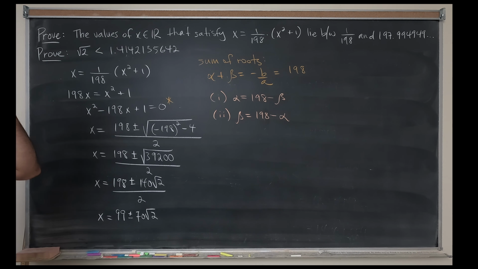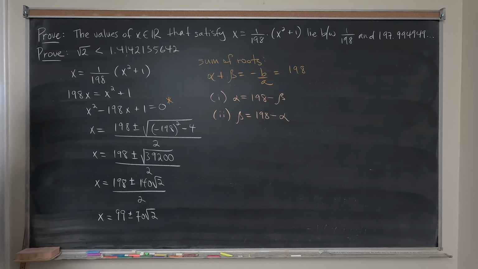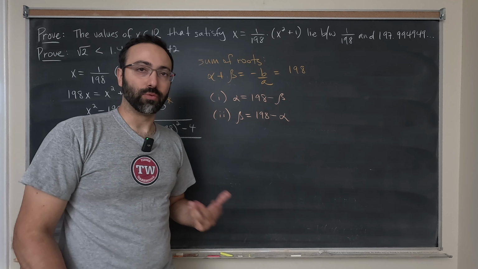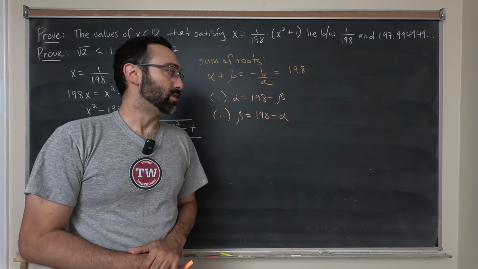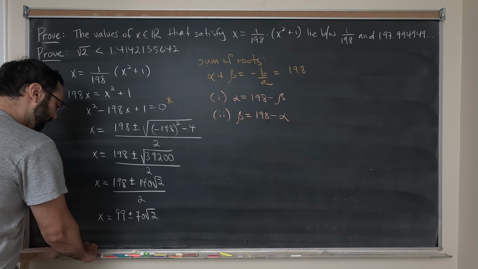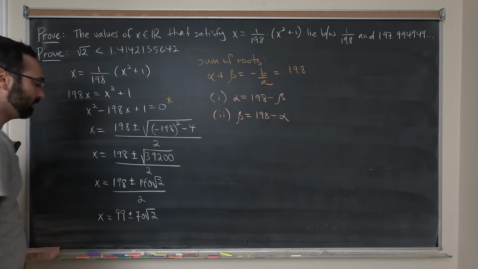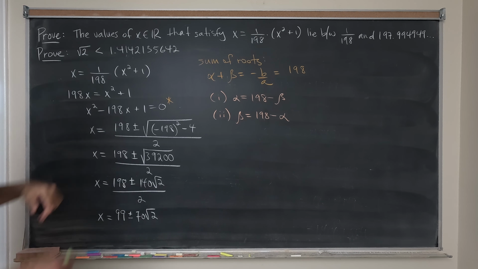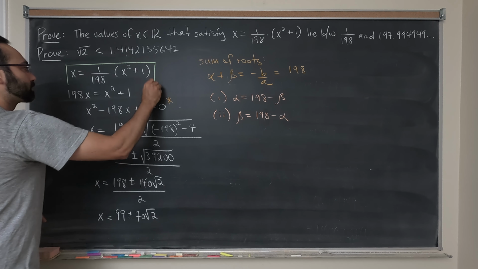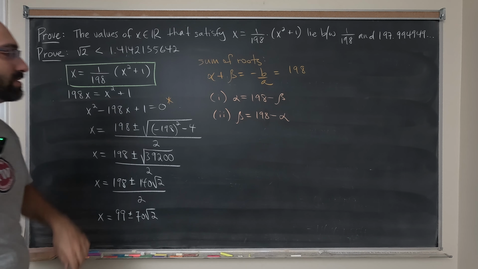Okay, so now what? Well, since alpha and beta are roots of our quadratic equation, they satisfy the equation. So what we can do here then is say that from our quadratic equation right here in its original form, alpha satisfies that.